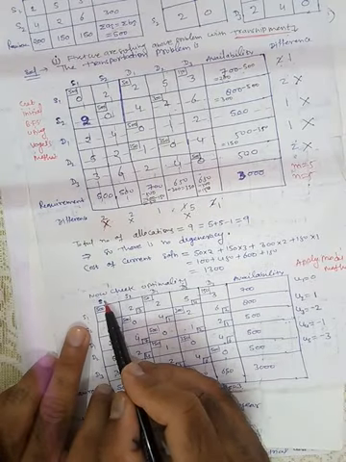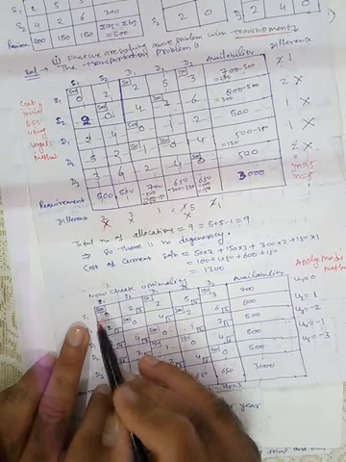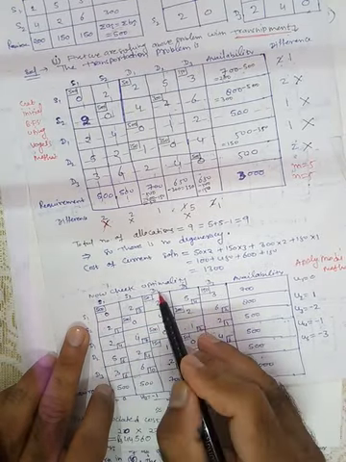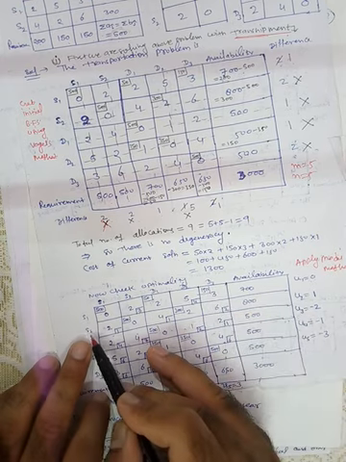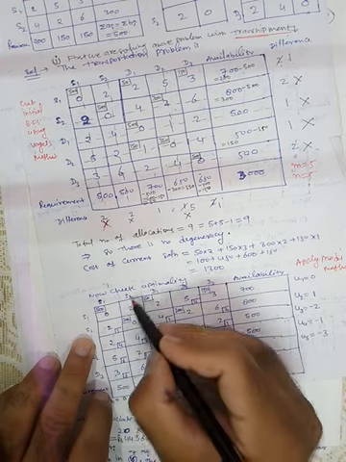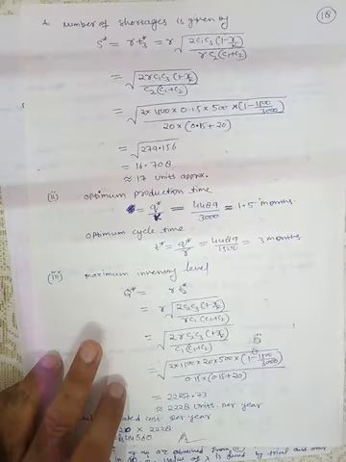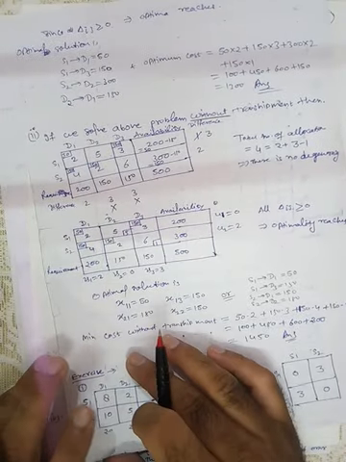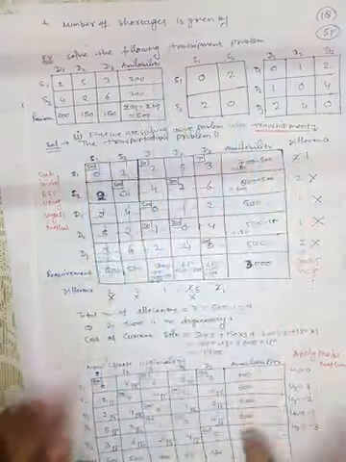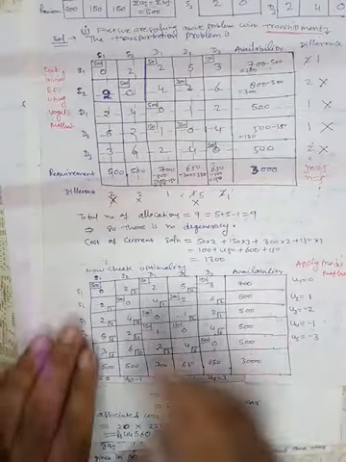source 1 to source 1 is 500 units. Source 1 to destination 1 is 50 units. Source 1 to destination 3 is 150 units. Fine. Now source 2 to source 2 is 500 units. So likewise, this is the solution. But since we are interested here in source to destination only, we will consider only the source to destination.